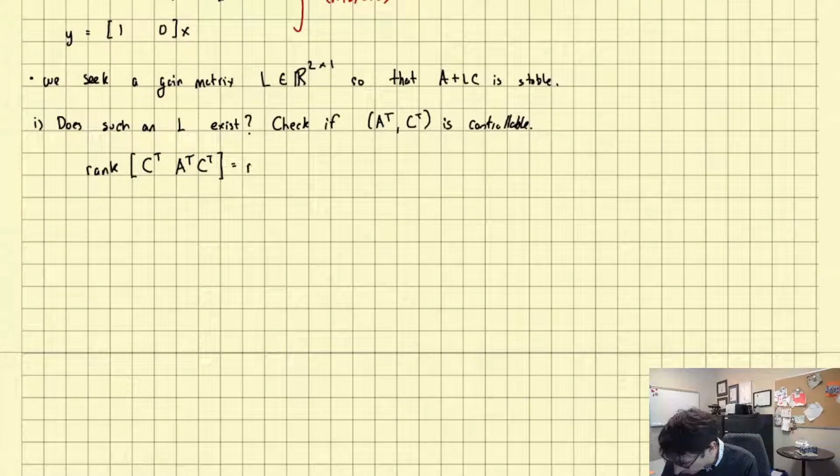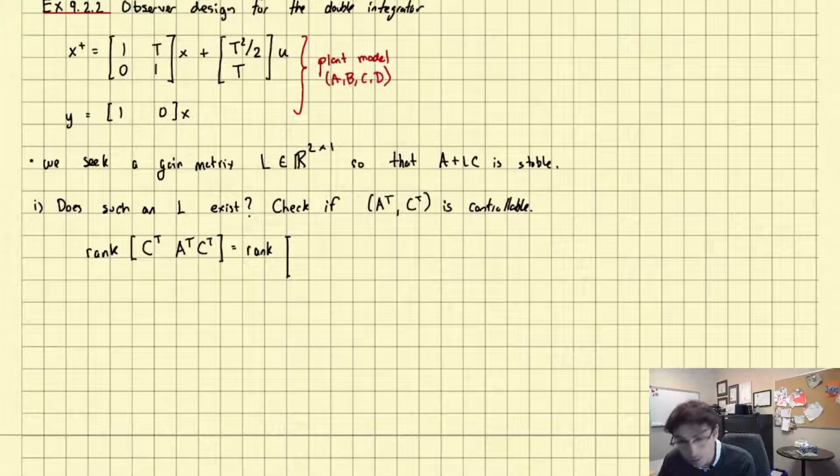Okay, fill in the numerical values. So let me just scroll up a bit so you can see. So C transpose is going to be 1, 0. So you take the row vector, it becomes a column vector. A transpose is going to be, in the first column, 1, t, and in the second column, 0, 1.